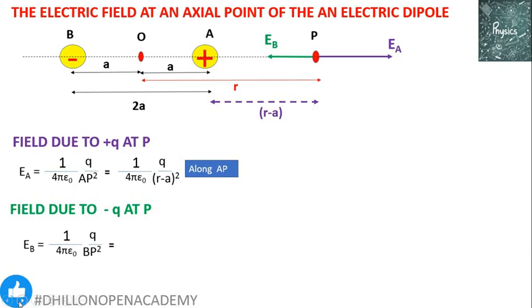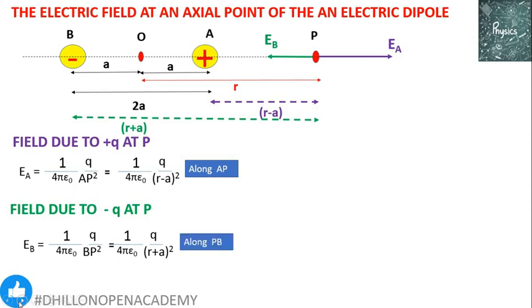In total BP distance, PO is already equal to R and OB is equal to small a. So in this case, BP is equal to R plus A. So total field value is 1 over 4 pi epsilon naught Q over (R plus A) whole square directed into B.